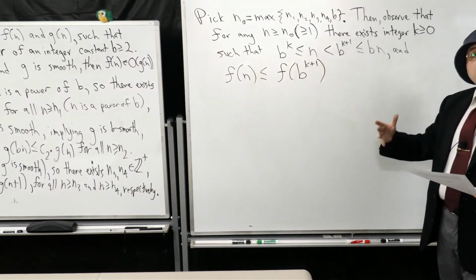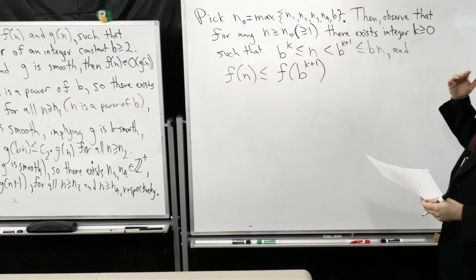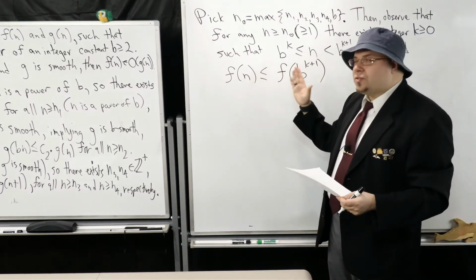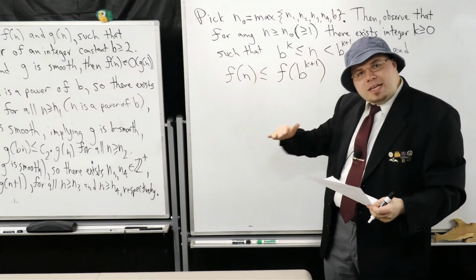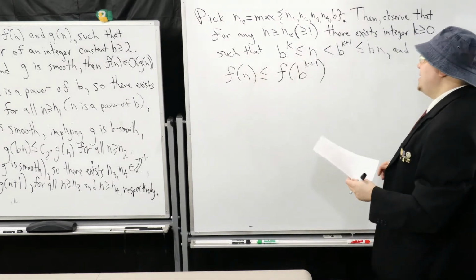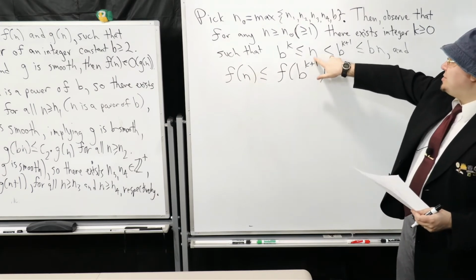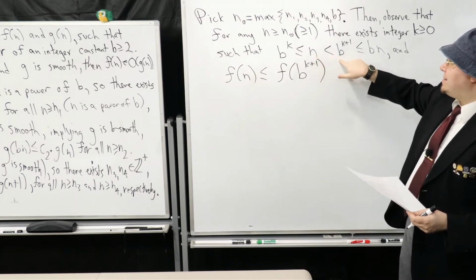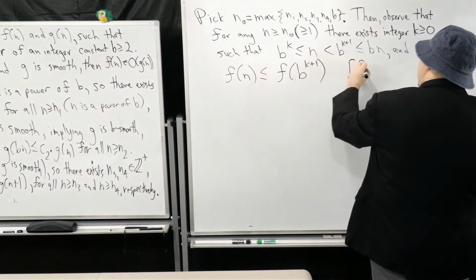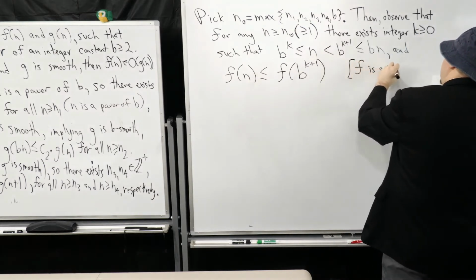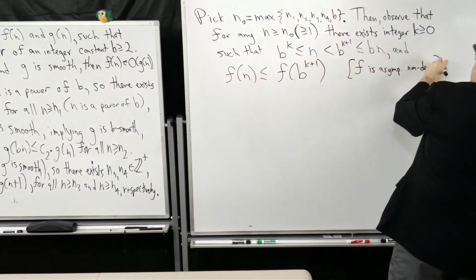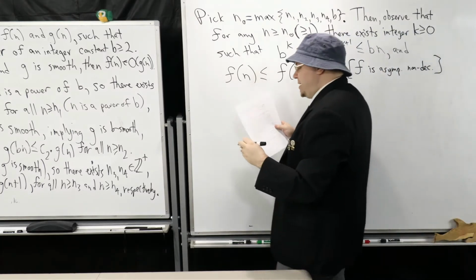Remember, f in the statement of the theorem is asymptotically non-decreasing. That means if I put in a larger value for the input, it's either going to be equal to the ones that have lesser value, or it's going to be larger. So I'm invoking this relationship that n is less than b to the power of k plus 1. I'm just saying f is asymptotically non-decreasing. So that's the fact I'm using here.